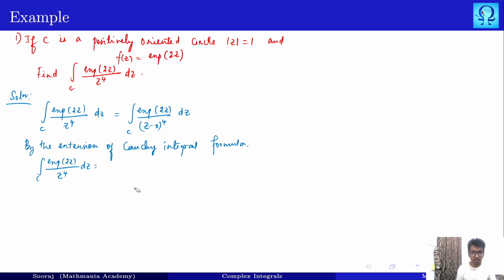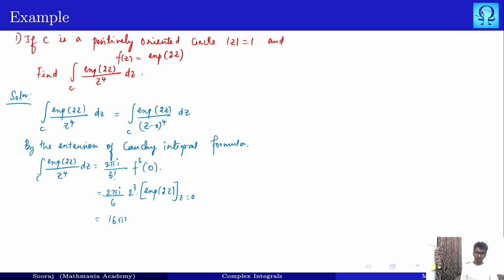So it becomes 2 pi i upon n factorial, that is 3 factorial, and the third derivative of this function evaluated at the point 0. So this is 2 pi i upon 6, and when you differentiate this quantity 3 times, the first time you get 2 outside, the second time you get one more 2 outside. So it is going to be 2 cube times exponential of 2z evaluated at z equals 0.